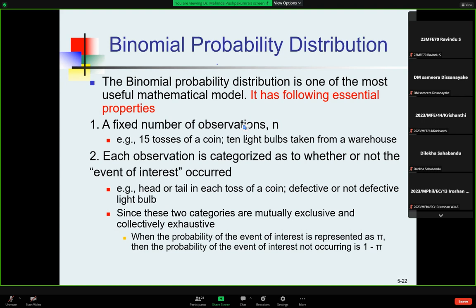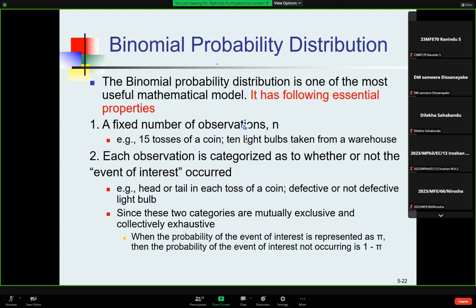Okay, then the third property is constant probability for the event of interest occurring for each observation.